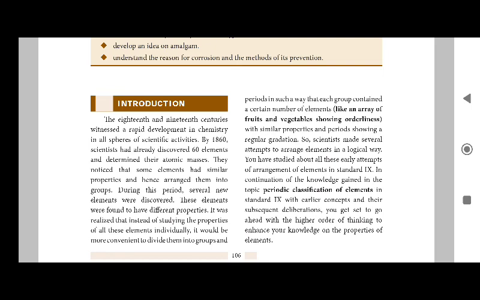Periods are horizontal rows and columns are called groups. So all these elements will be arranged in periods and groups, and it will be easy for us to classify and study them.